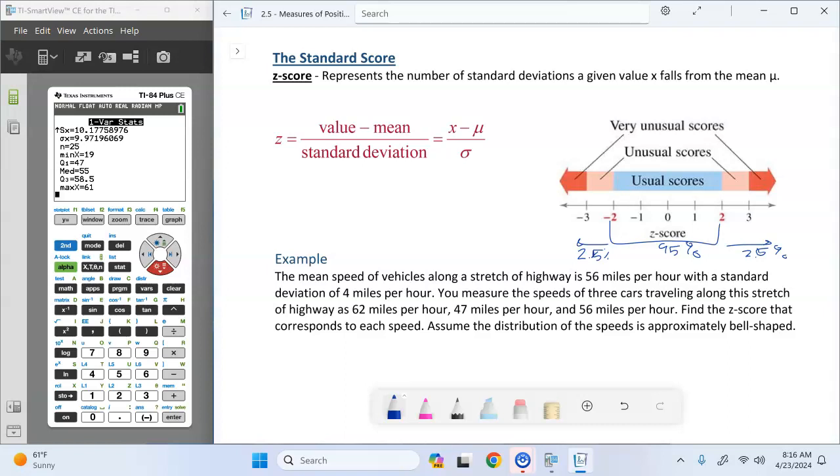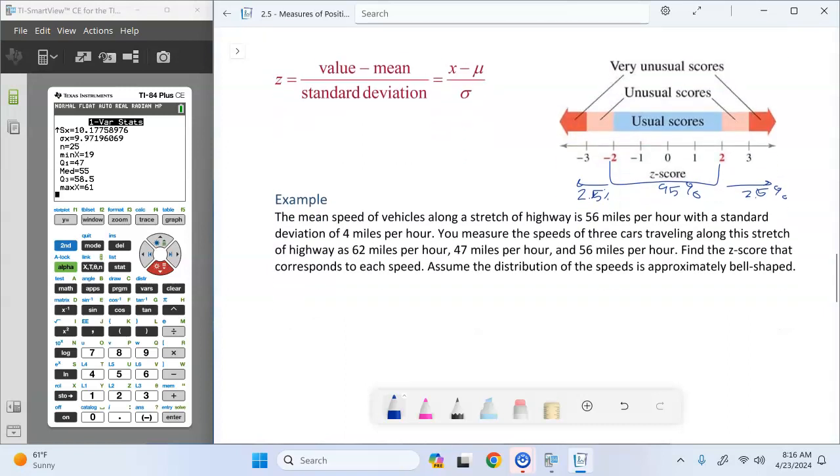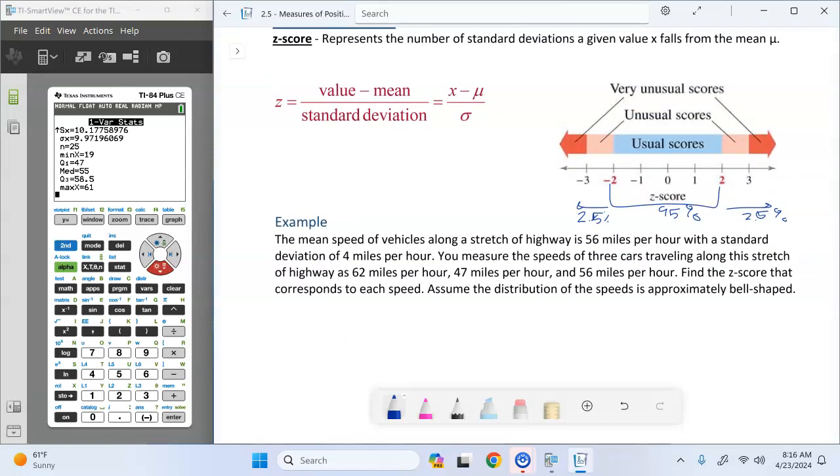So we can use this formula: we take our data value, subtract the mean, and divide by the standard deviation. That tells us how many standard deviations above or below. And the usefulness of that is to tell us how unusual that data point is. Is it something that we could expect pretty often, or is it something that is highly unlikely to occur repeatedly?